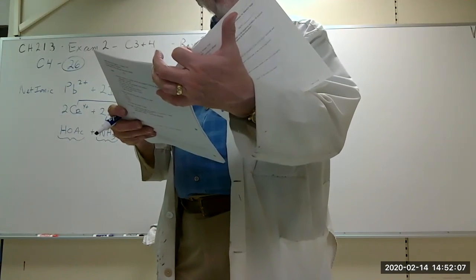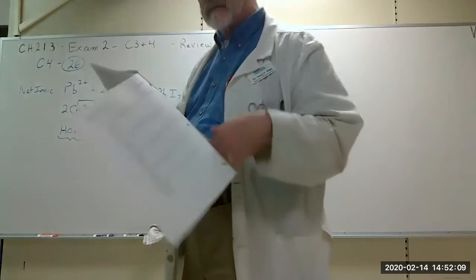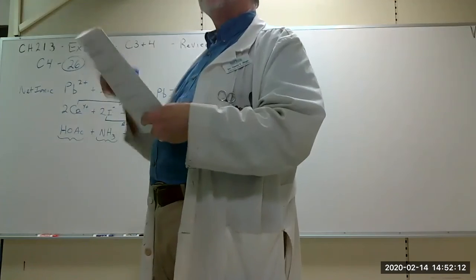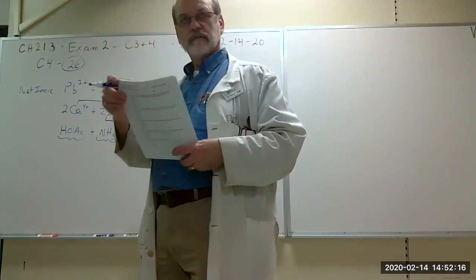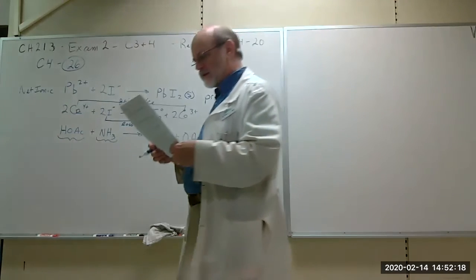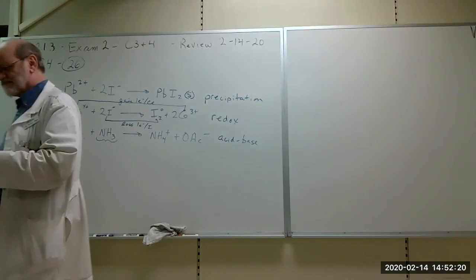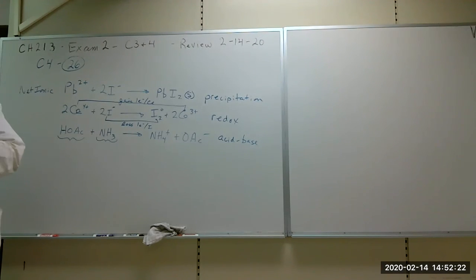And that is writing complete molecular equations, complete ionic and net ionic. So let's look at one. Let's see if we can find one. Do we have any fill in the blanks in the back? Completion questions.